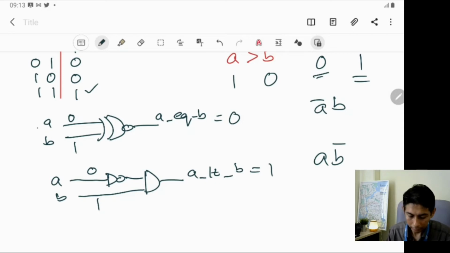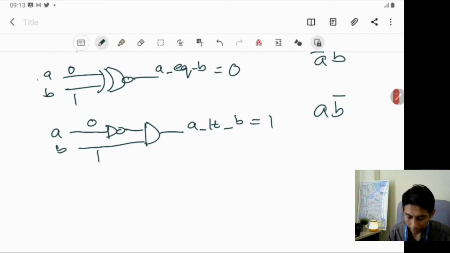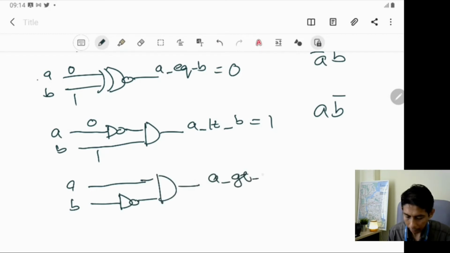So to check whether A is greater than B or not, we have A, we have B, so A greater than B. So if A equals 1, B equals 0, here we have 1. Other than that, we have 0. So that is the idea.